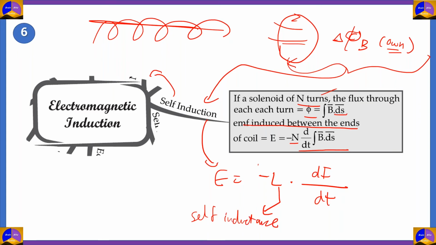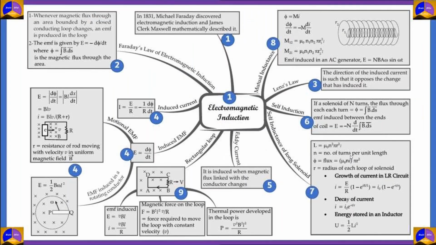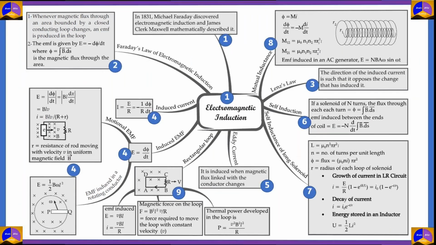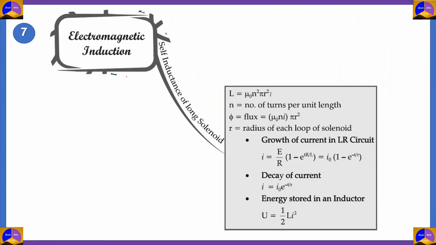But more on that in our next segment, which is self-inductance of a long solenoid. So self-inductance and mutual inductance are phenomena that happen in the coil. Self-inductance is when the coil is getting induced current due to its own action, and this happens basically in solenoids. So now we'll learn about self-inductance of a long solenoid.